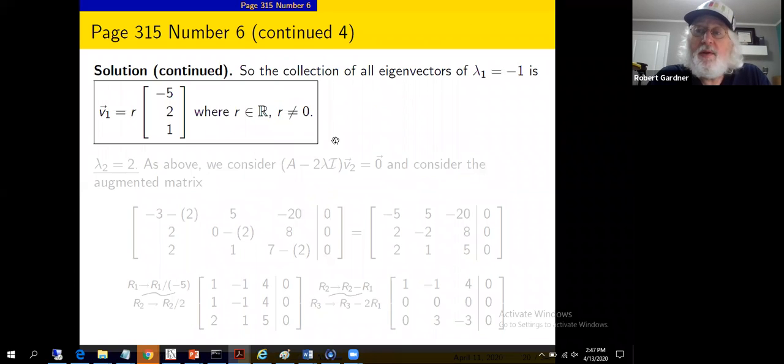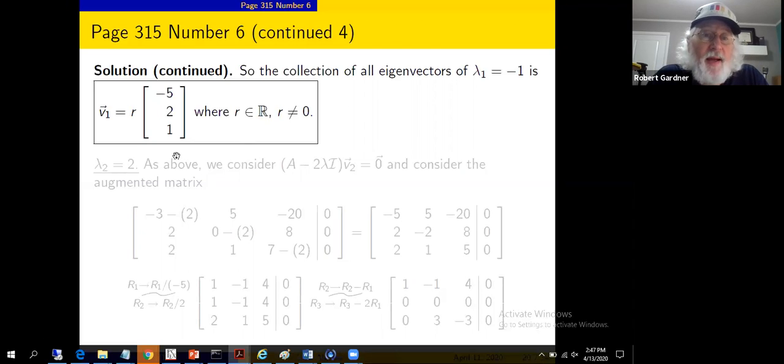All right, then the corresponding collection of eigenvectors is R times the -5, 2, 1, the coefficients we had before. R can be anything. It can't be 0 for reasons elaborated on extensively. You can't use the 0 vector as an eigenvector. Okay, so that takes care of the first eigenvalue.